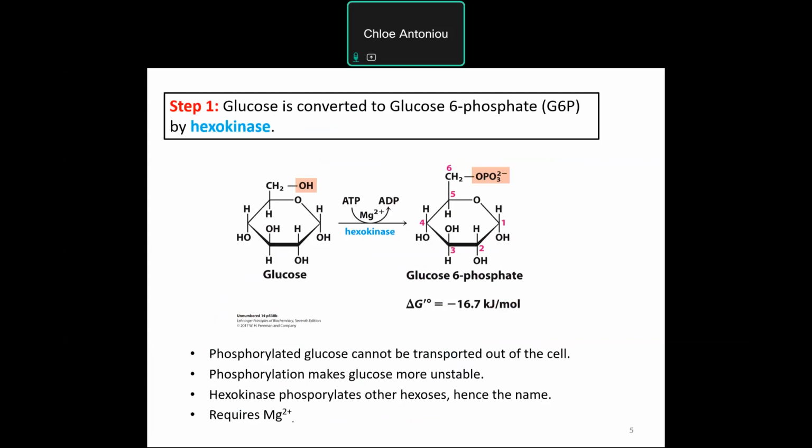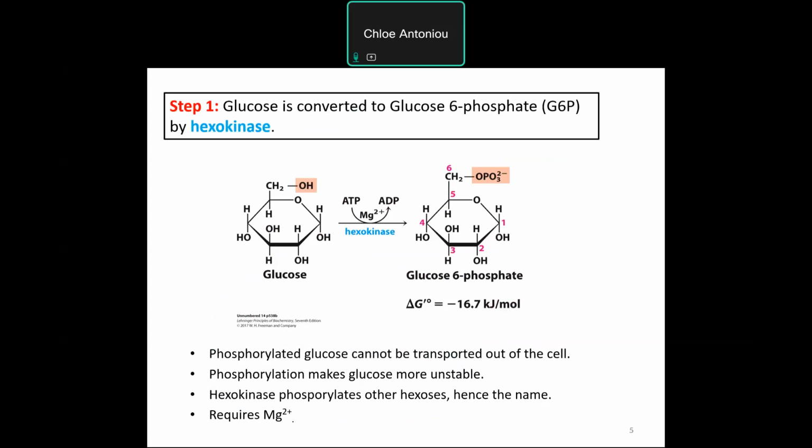I'm sure you guys know that glucose, we'll discuss it at a later time in more detail, can get in and out of the cells. In different types of cells, we have glucose transporters. Now, once you convert glucose to glucose 6-phosphate, glucose 6-phosphate gets trapped in the cell. There's no way for it to get out, okay?